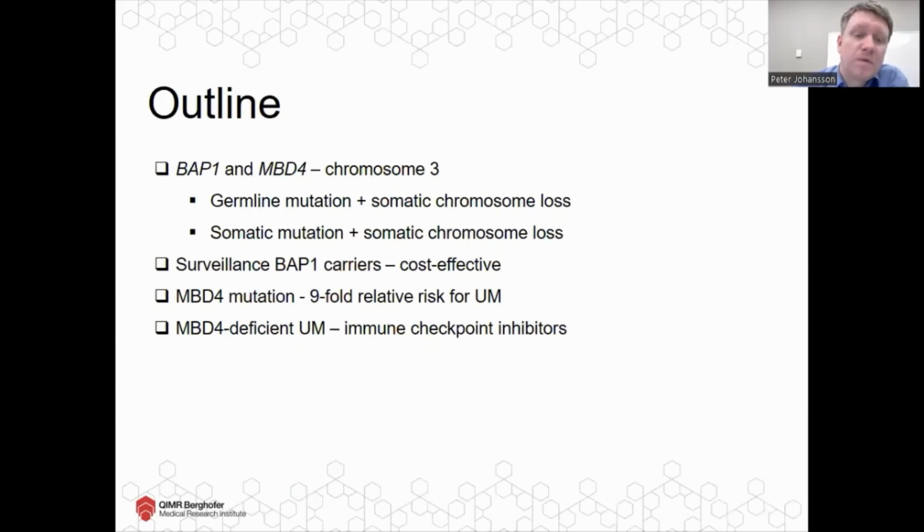I will talk a bit about a simulation study we did of surveillance of BAP1 mutation carriers and show some data about the risk that you get from MBD4 mutations, and that patients with these mutations might be good candidates for immunotherapy.